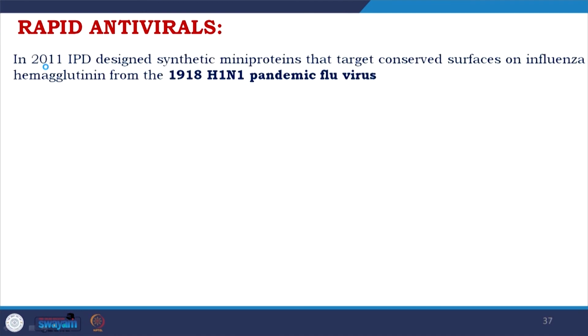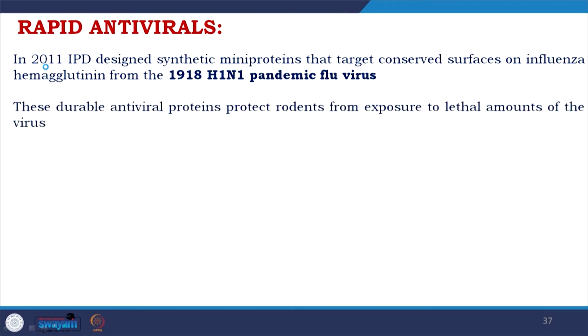Rapid antivirals. In 2011, IPD designed synthetic mini proteins that target conserved surfaces on influenza hemagglutinin from the 1918 H1N1 pandemic flu virus. These durable antiviral proteins protect rodents from exposure to lethal amounts of the virus.